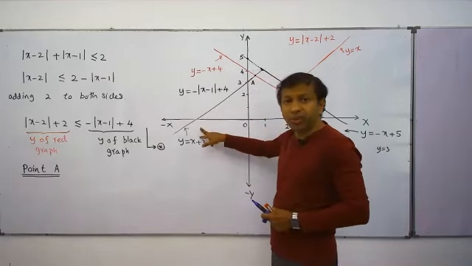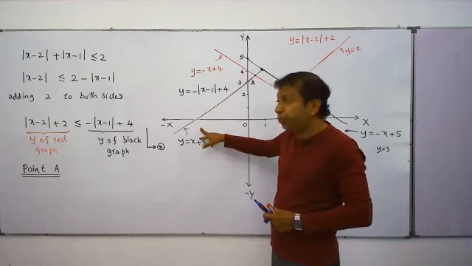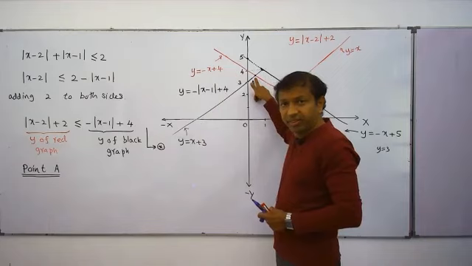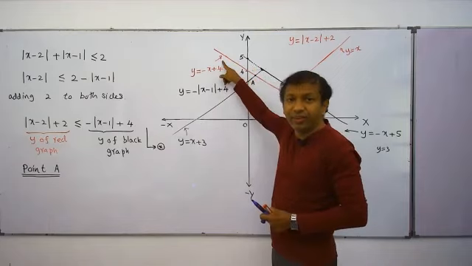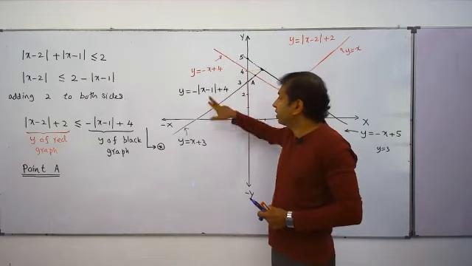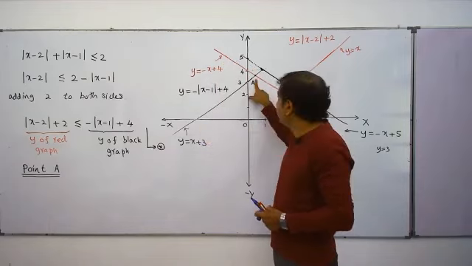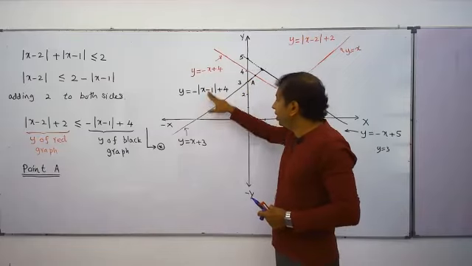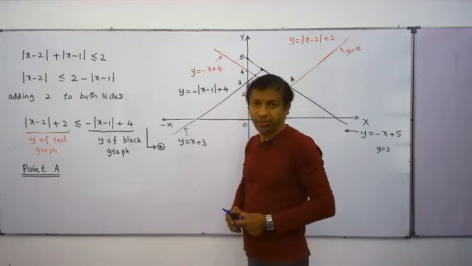I said not compulsory, but now we need to find this point A. Otherwise, we would have to find them again. Since we already have this equation and this equation, we can now solve them.